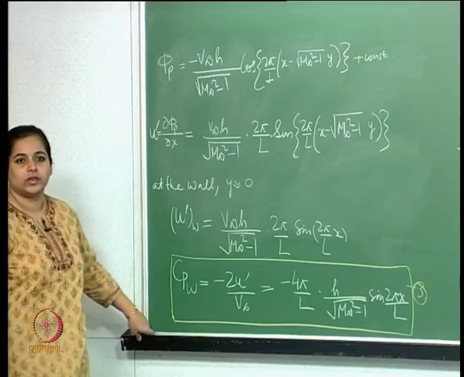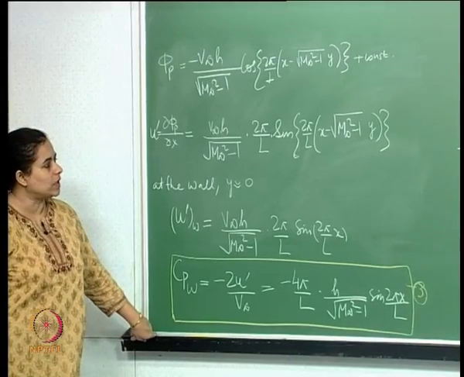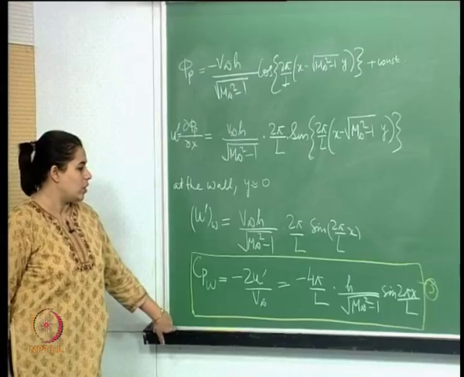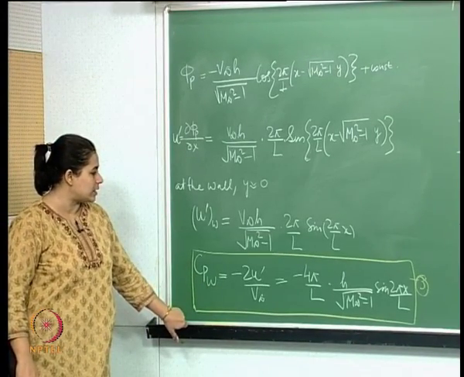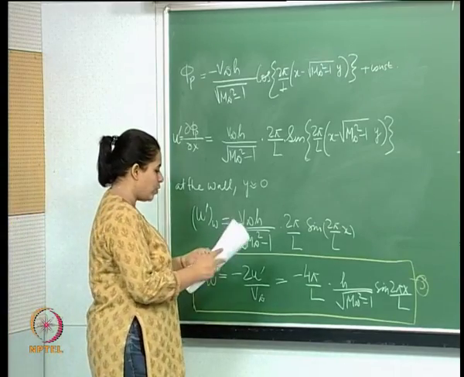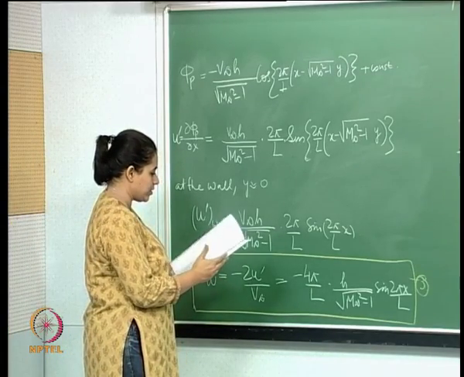So like we did for the subsonic case, let us try and understand what sort of this means. Now, as you can see, let us just point out a few things.